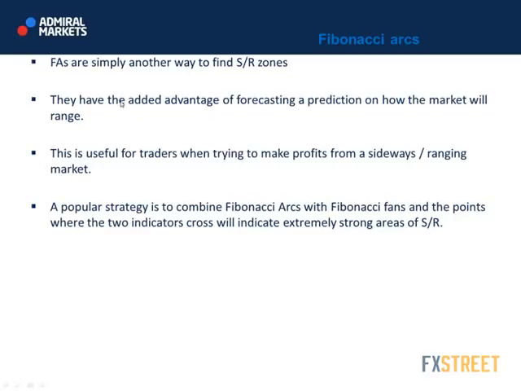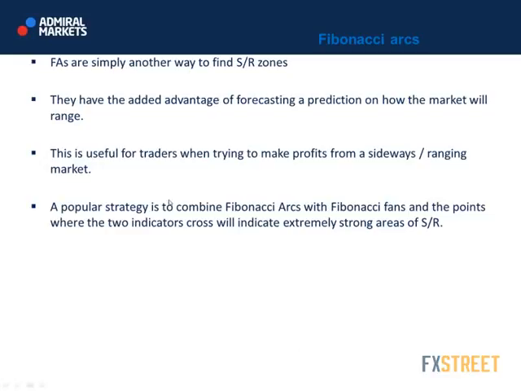Now, what are Fibonacci arcs? Fibonacci arcs are simply another way to find support or resistance zones. They have the added advantage of forecasting how the market will range. That's also useful to traders who are trying to make profits from a sideways or ranging market.